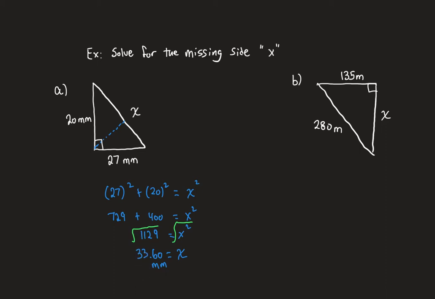And 2, we can check that we're right because we know this side is supposed to be the biggest side. So if this side is 20 and this side is 27, this being 33.60, well, 33 is definitely bigger than 27 and 20. So it is the biggest side. Therefore, my answer is correct.